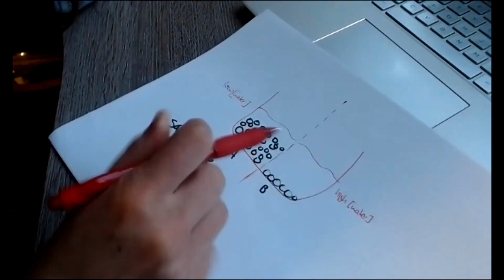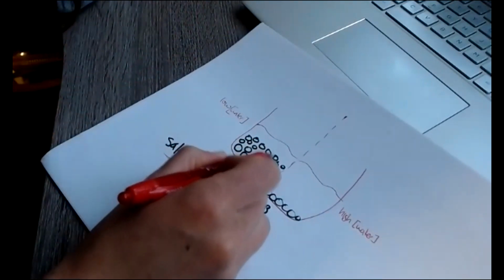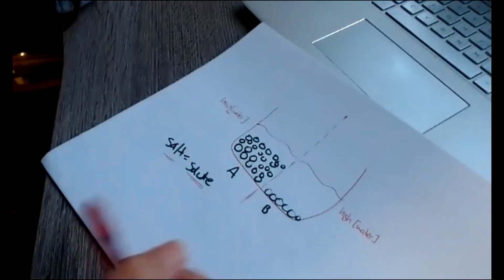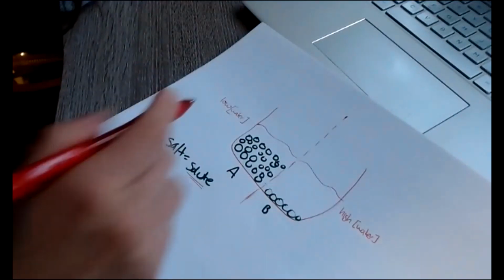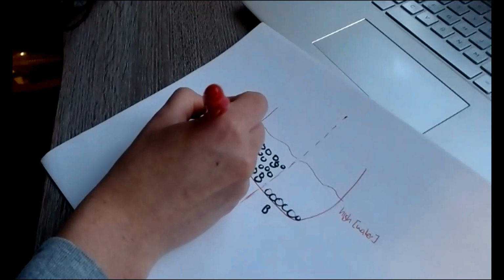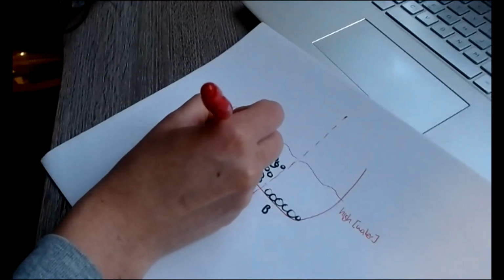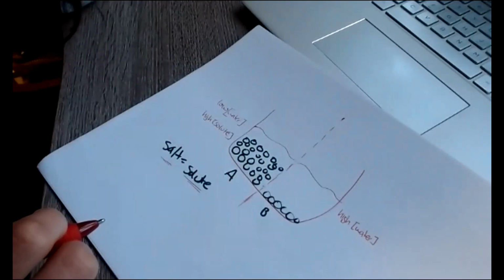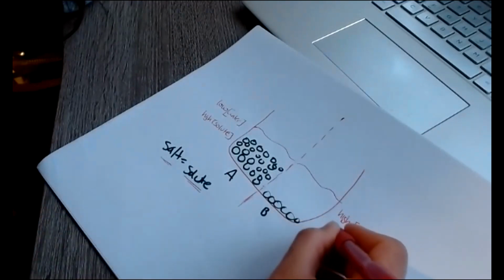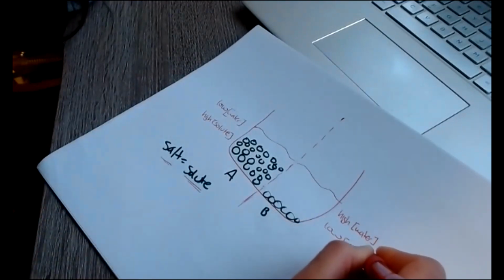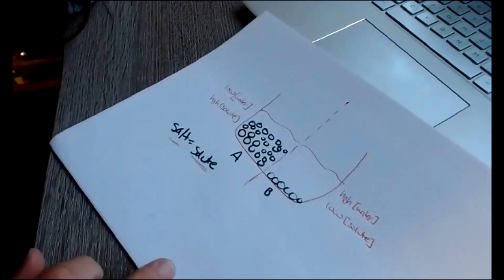Hopefully you say it has a higher amount of solute. It has about 20 different salt molecules compared to 6 salt molecules right here. So this has high solute concentration. My brackets, remember, mean concentration. And here I have low solute concentration.